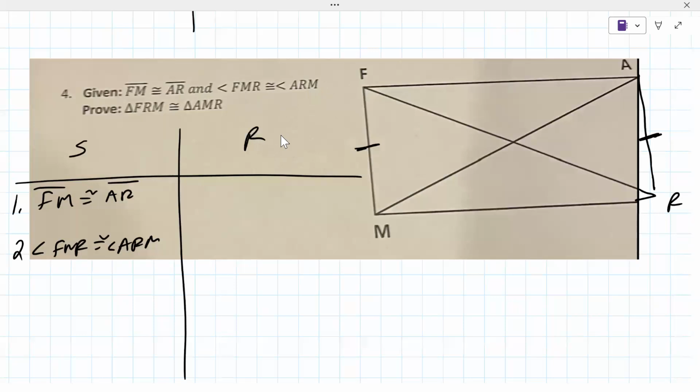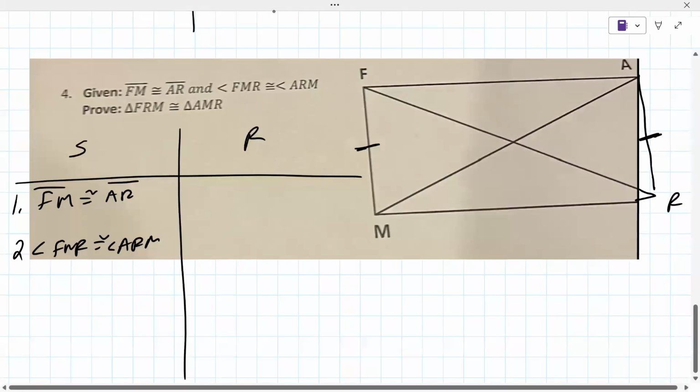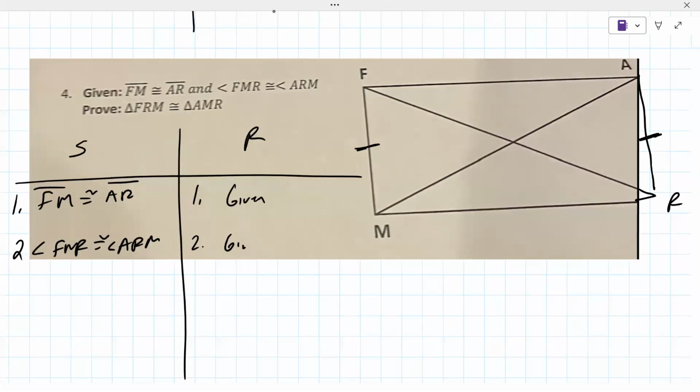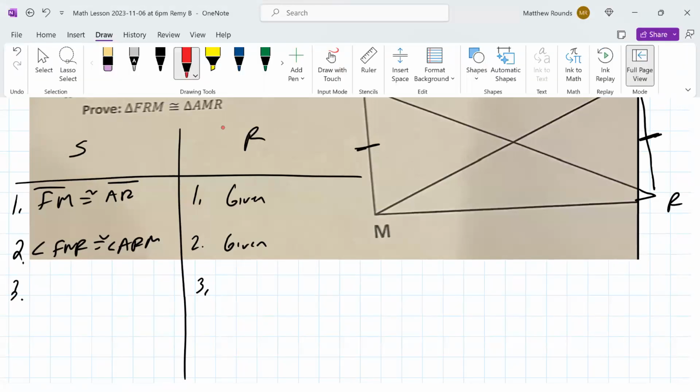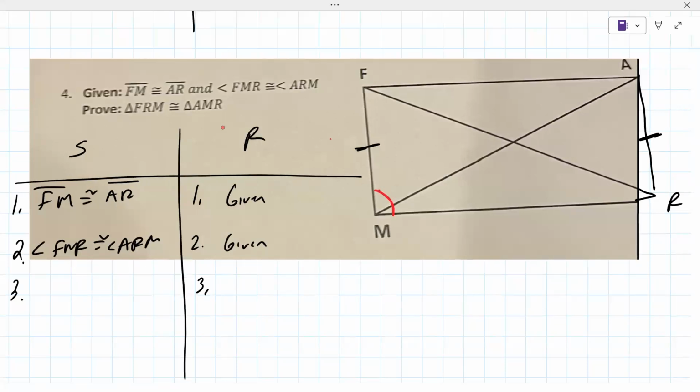Do you want me to tell you the angle of FMR? No, just label it in your drawing, and then I'll do it as well. Okay, I put both of them down. All right, so here is FMR.